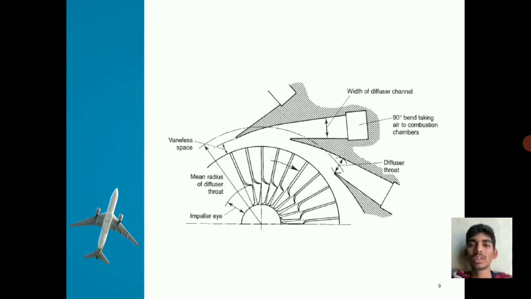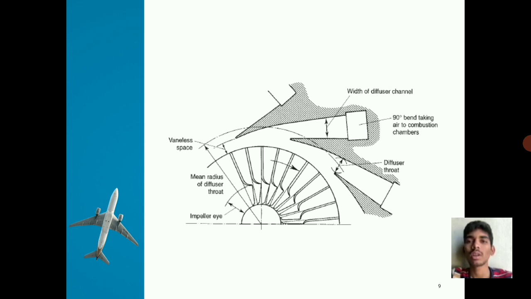Initially, in the stator, it tends to increase both. Now we need only static pressure; we have no use for kinetic energy. Therefore, in the stator, due to the motion provided by the compressor, both the static pressure and the kinetic pressure will be increased.